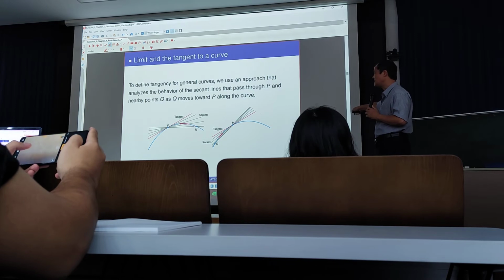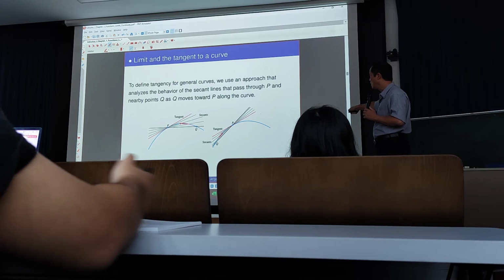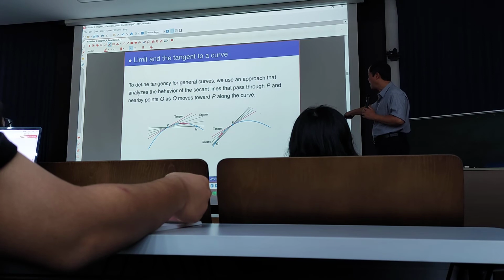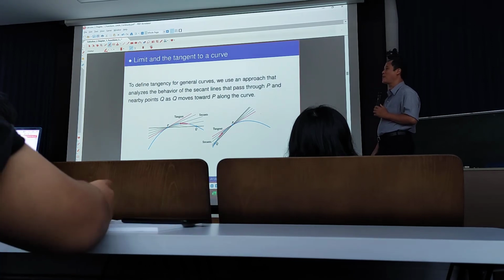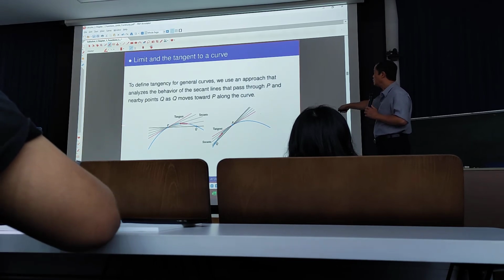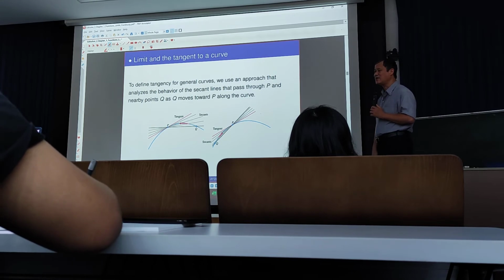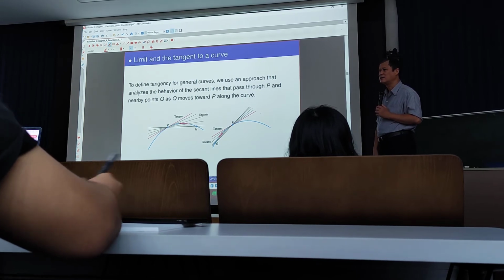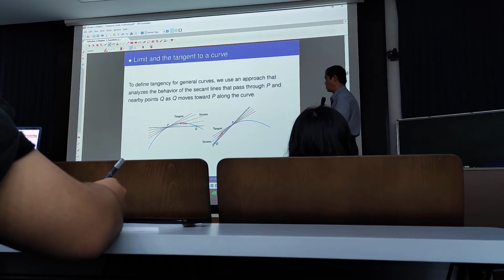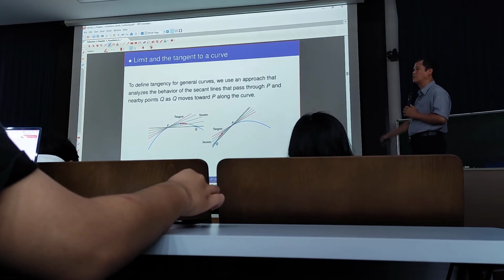Then you take another moving point Q and let Q move toward P from the right or from the left. For every position of Q, the line joining P and Q is called a secant.